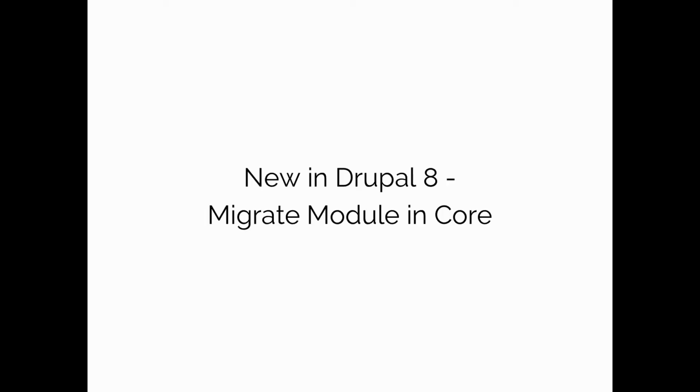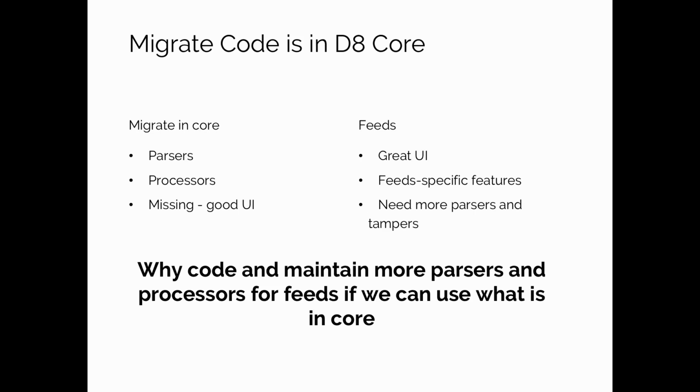However, in 8, the Migrate module has been moved into core, which means that all the parsers and all the processors are already in core, and we don't really need to build them again. The challenge is that Migrate is built for developers, so it has some minimum UI, but it's very, very limited and not user-friendly.